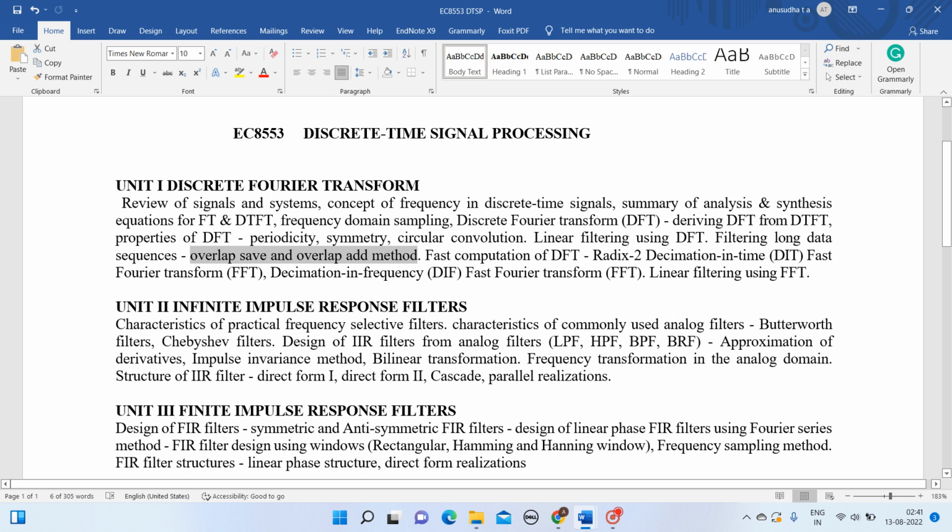Then fast computation of DFT. You have to solve the problem based on the butterfly method. There are two techniques, radix 2, based on decimation in time and decimation in frequency.